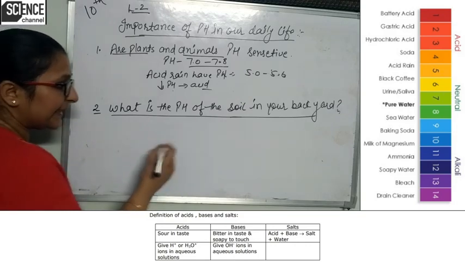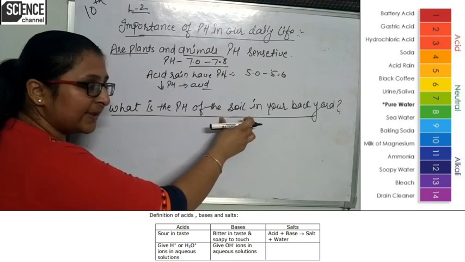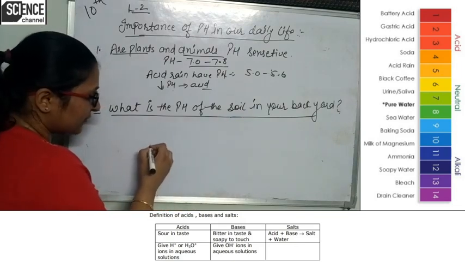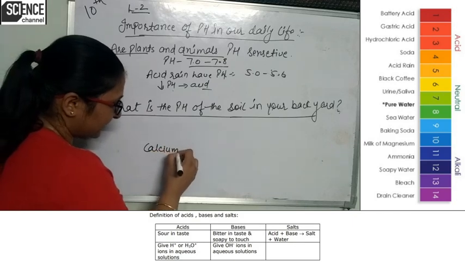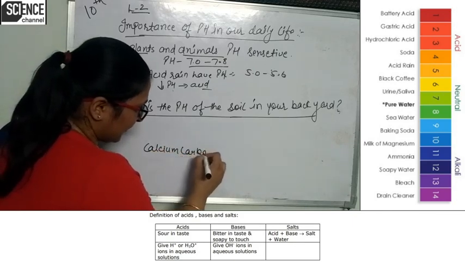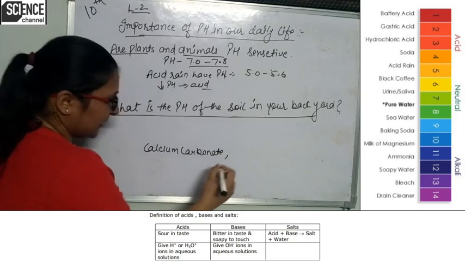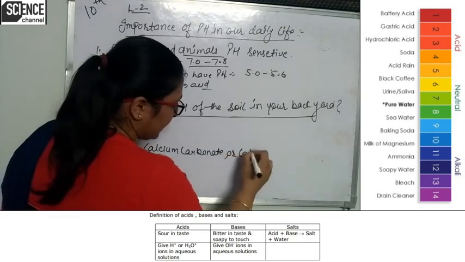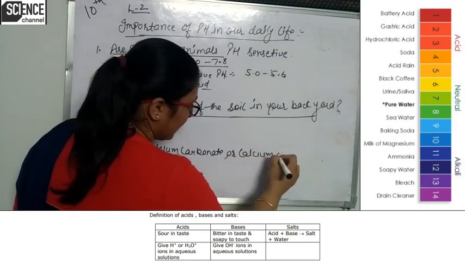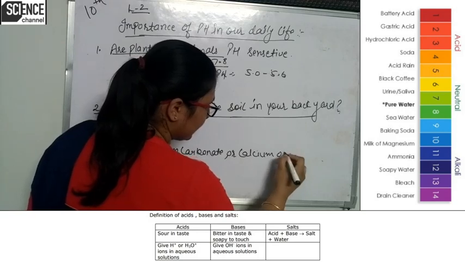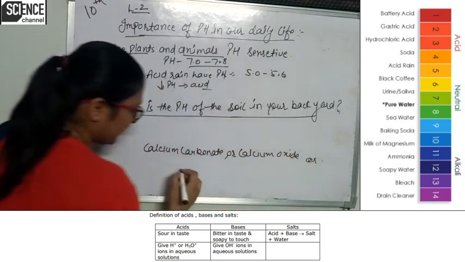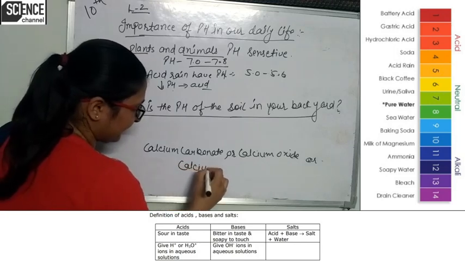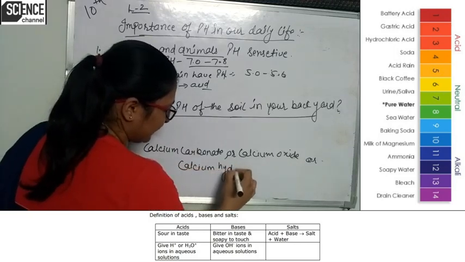So, to increase the pH value of the soil, we should add calcium carbonate or calcium oxide or calcium hydroxide.